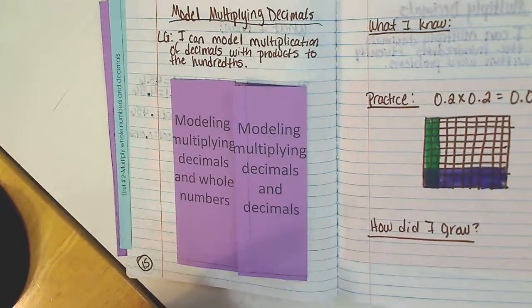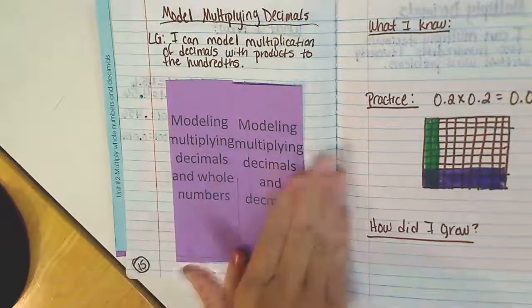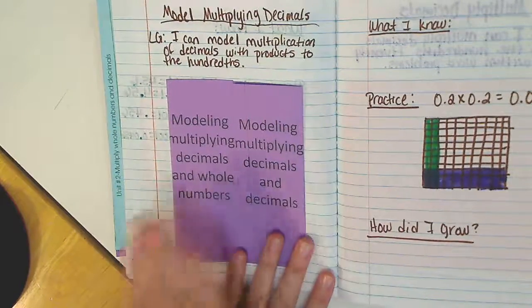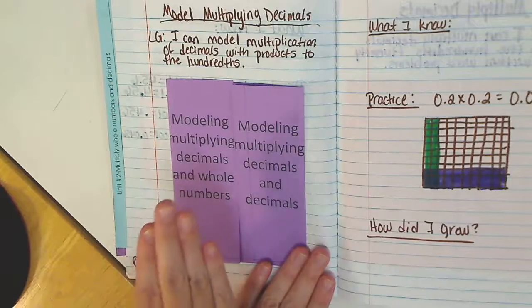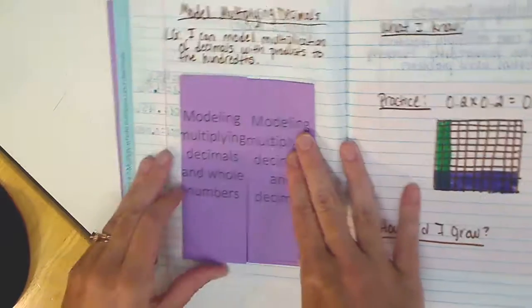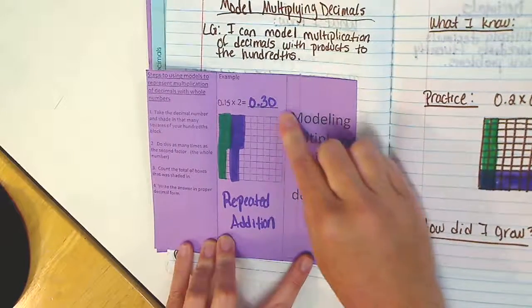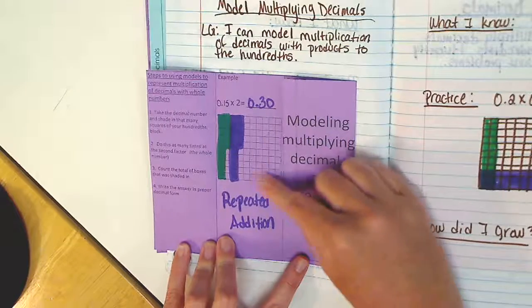Then on Thursday, we will be practicing modeling multiplying decimals. And this is probably something that's a little new to you. It was new to me when I first had to teach it. We multiply 2 different things in fifth grade. We multiply decimals by whole numbers, and we multiply decimals and decimals. When we're modeling those, we usually use a base 10 block to help us.